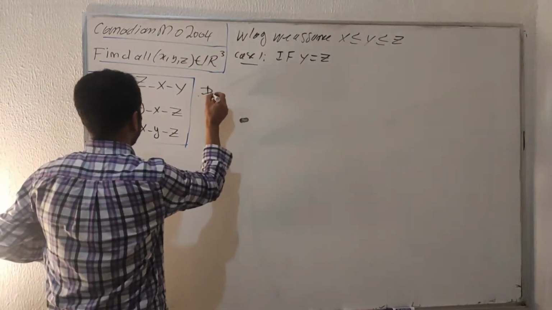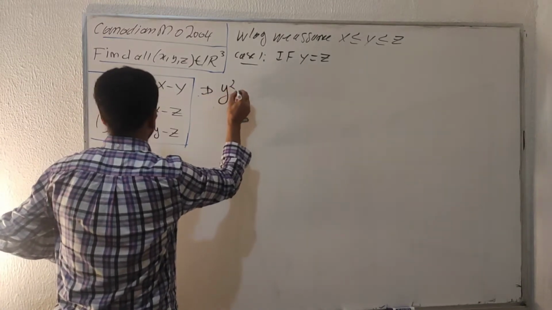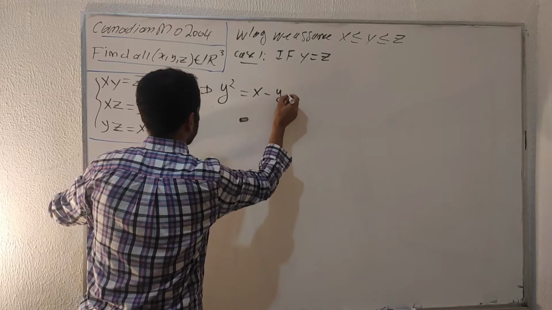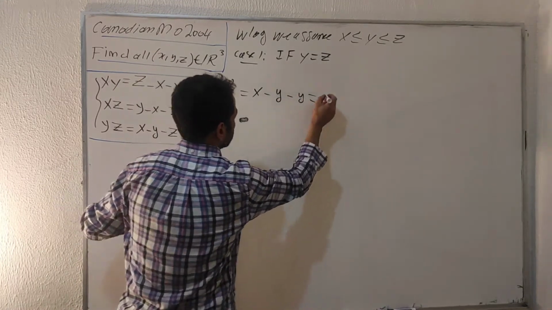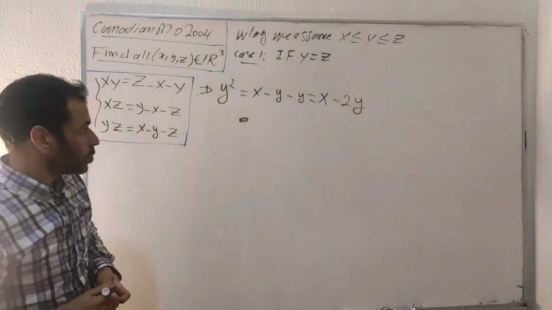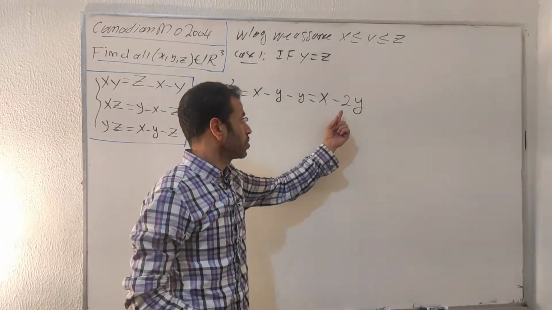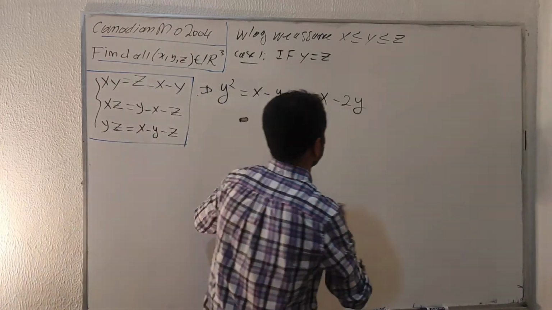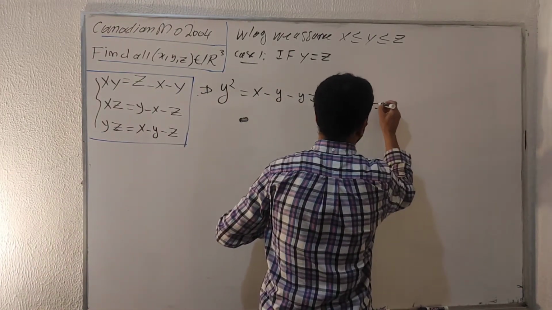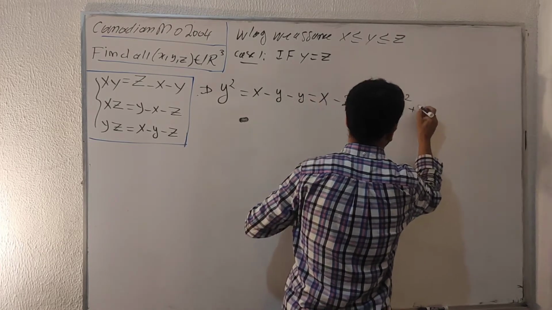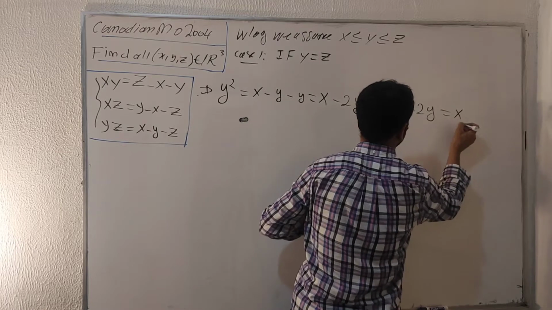I get y squared equals x minus y minus y, which equals x minus 2y. Bringing minus 2y to the left and leaving x on the right side, I get y squared plus 2y equals x.